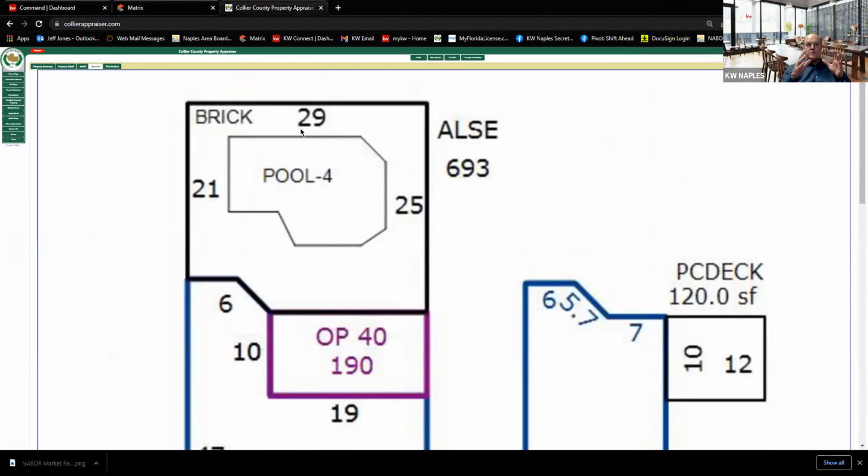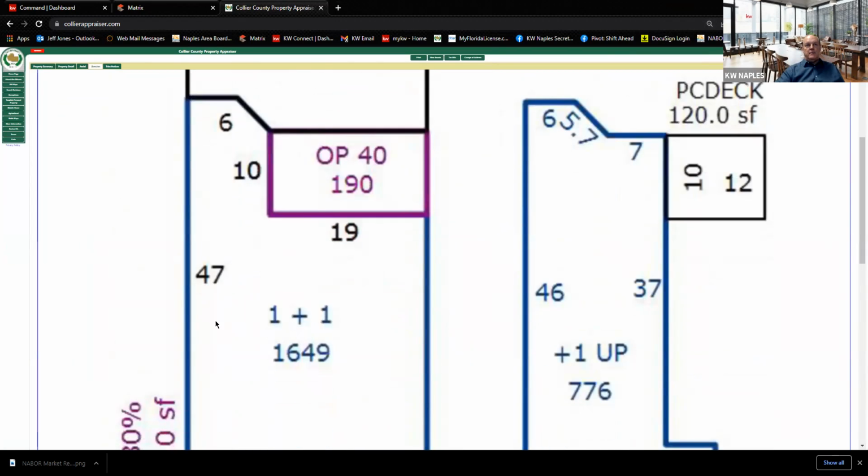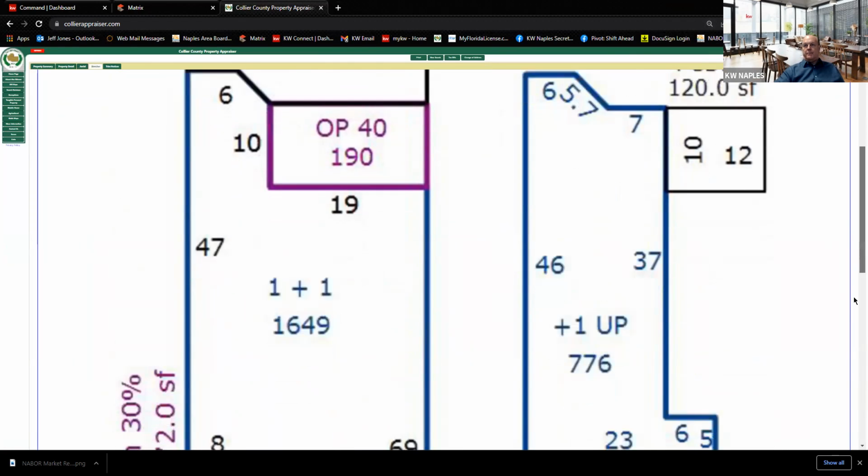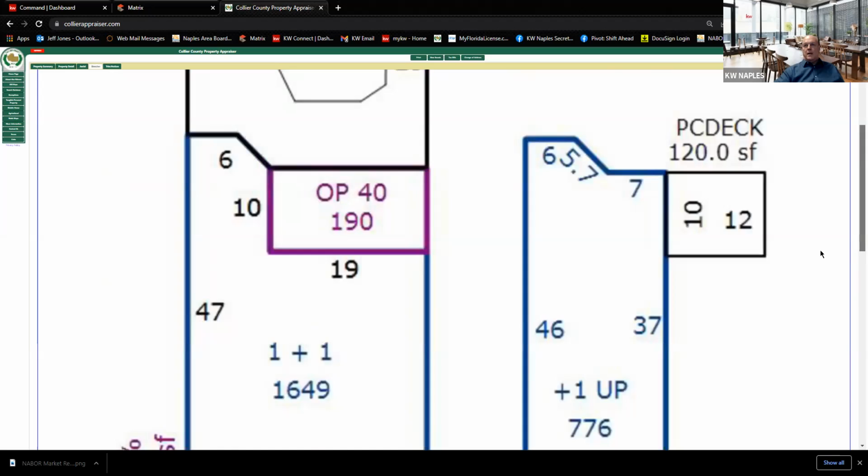which is what the property appraiser measures, outside dimensions only, right? And when they estimate the square footage, this is 1649 under air and 776 above, right? But the property appraiser for valuation doesn't appraise the same. They appraise the upstairs at 70% of that downstairs value.